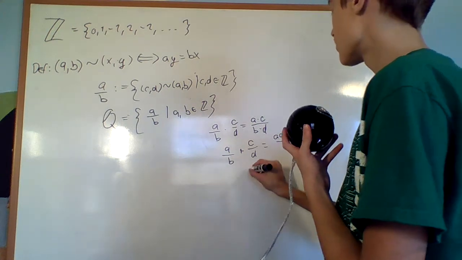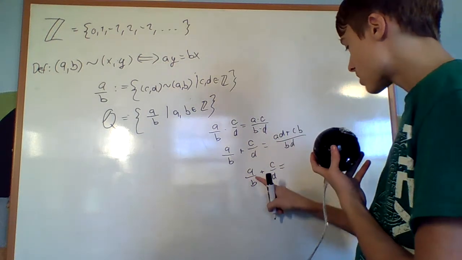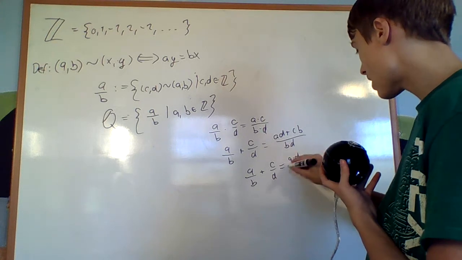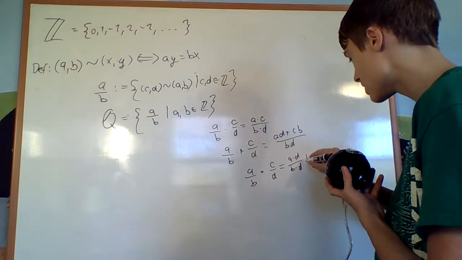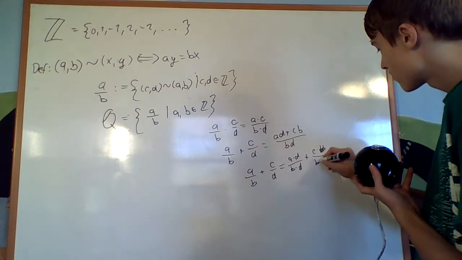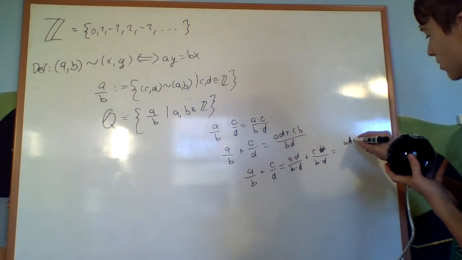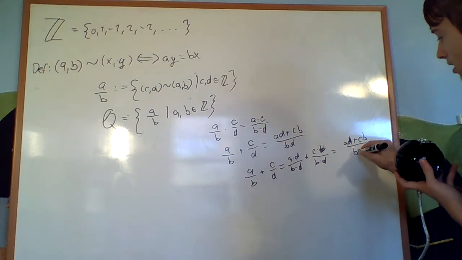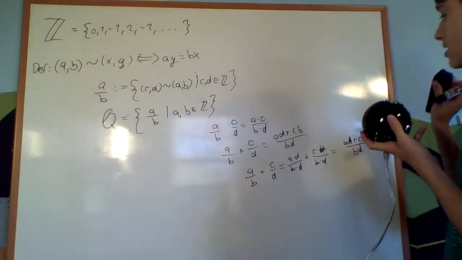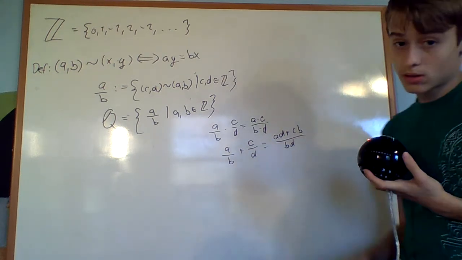And this comes from the fact that if you have A over B plus C over D, I'm going to multiply that by D on the top and bottom, so A times D over B times D. I'm going to multiply the other by B on the top and bottom. And I get AD plus CB over BD, because they have a common denominator now. Okay, so this is the construction of the rationals, and it's pretty interesting.